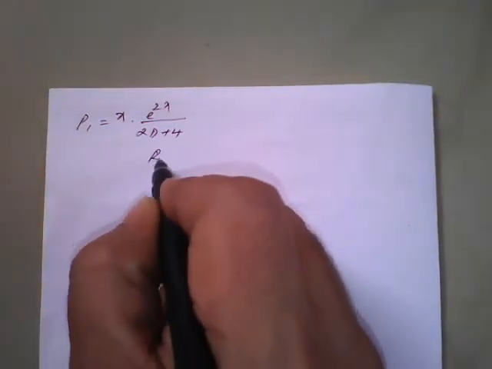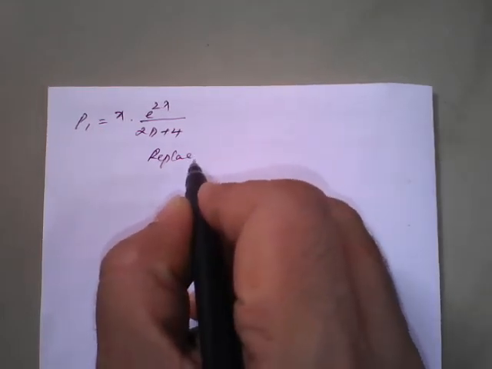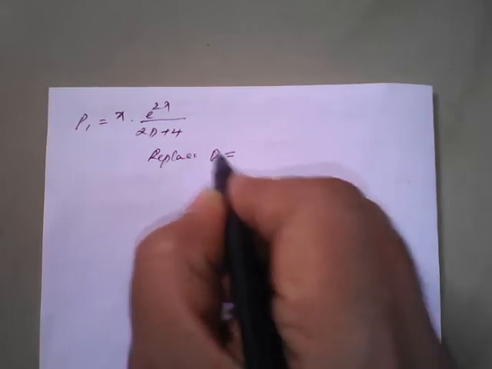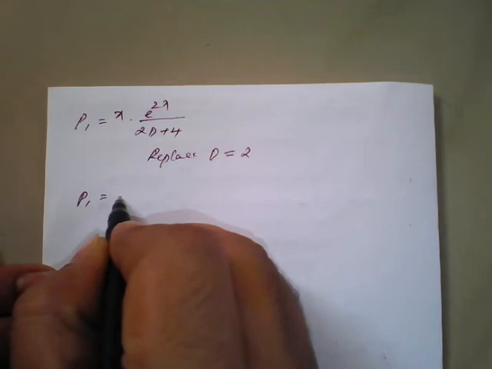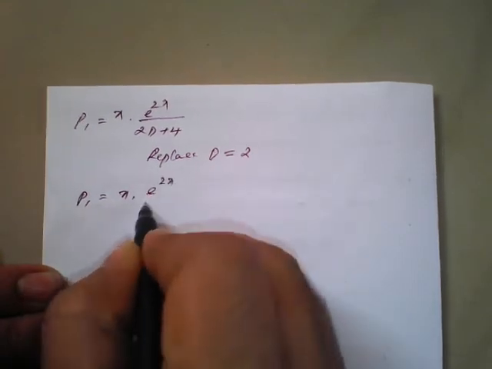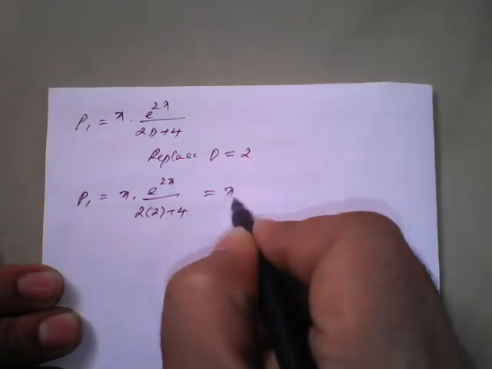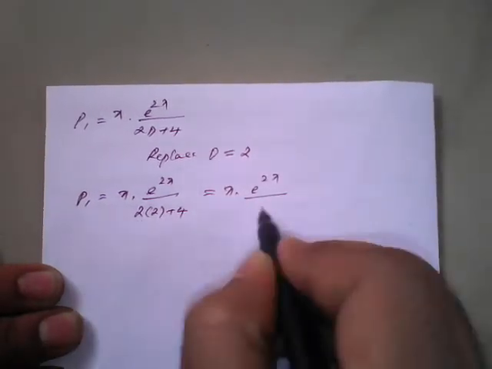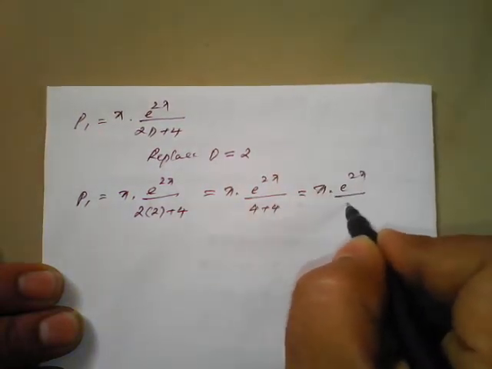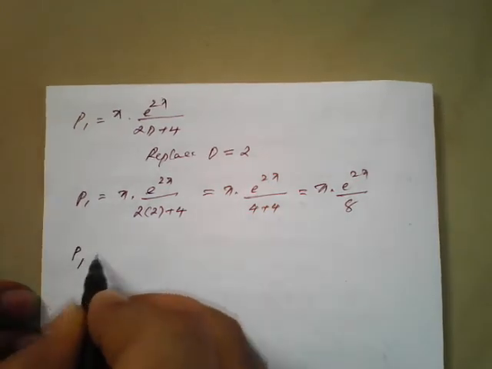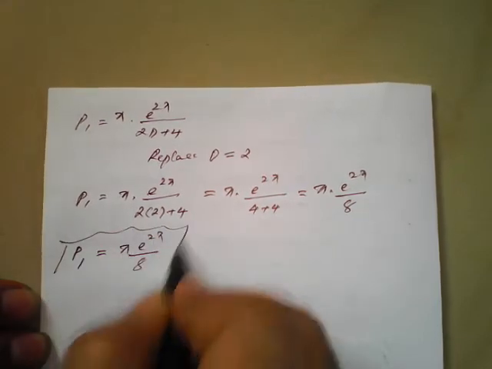Now again replace d is equal to 2. So p1 is equal to x into e raised to 2x upon 2 into 2 plus 4, which is x e raised to 2x upon 4 plus 4, which is x e raised to 2x upon 8. So p1 is x e raised to 2x upon 8, which is the first particular integral.